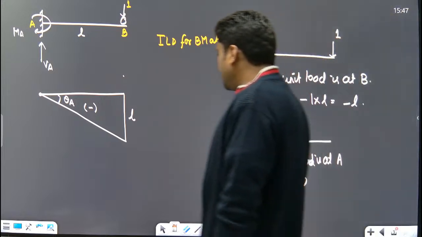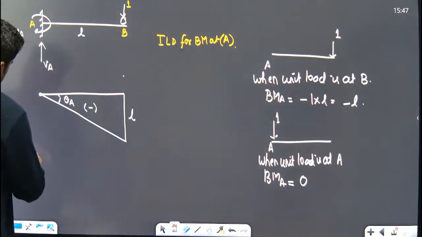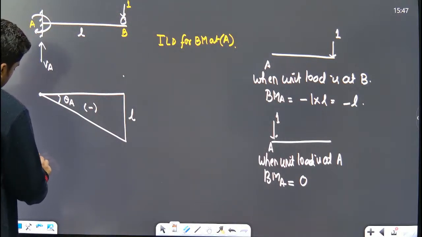So from Muller-Breslau principle, what is the shortcut?